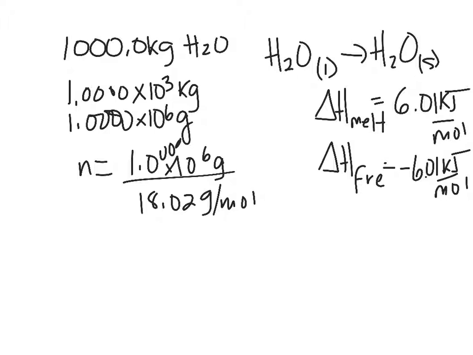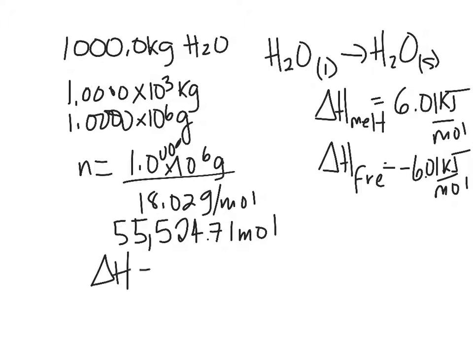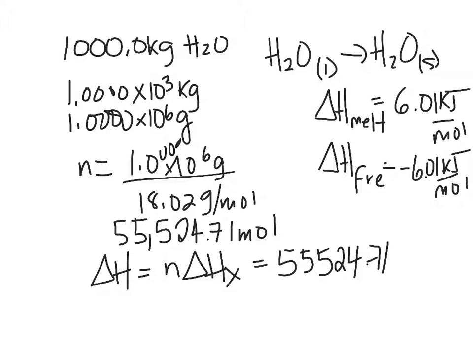You should have a large number. You end up with something like 55,000 moles of water. So 55,000 moles times negative 6.01 kilojoules per mole. So you get a large number.